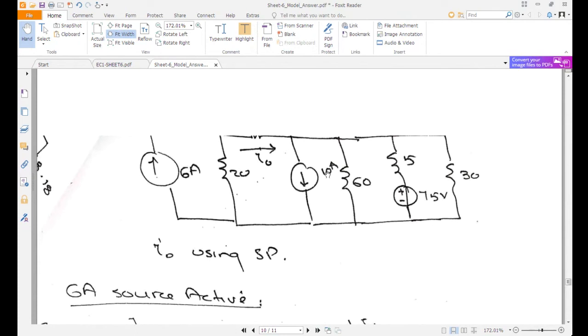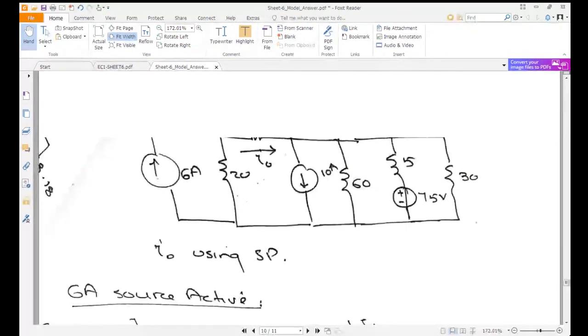So 10 multiplied by the opposite resistance, 10 multiplied by 4, divided by 4 plus 21.